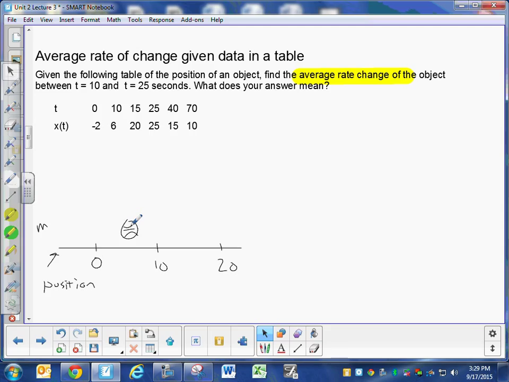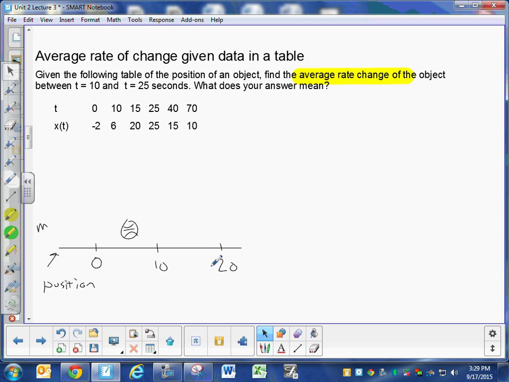Okay? The table is just showing us snapshots, just pictures. It's taking a picture right at the 0 second, right at the 10th second, 15th second, 25th second, and in between those pictures, it is holding a hand up so you can't see what's going on. Does that make sense? Just like I don't know what's going on at 1 second, 2, 3, 4, 5, 6, 7, 8, 9, but then boom, I see it at 10 and I close it right away.